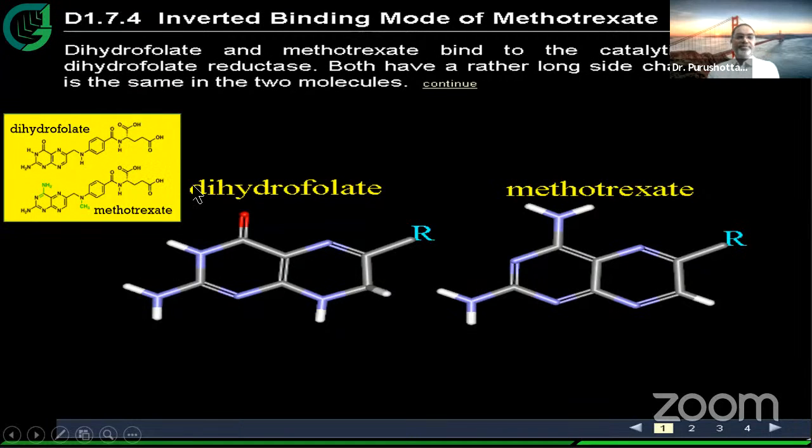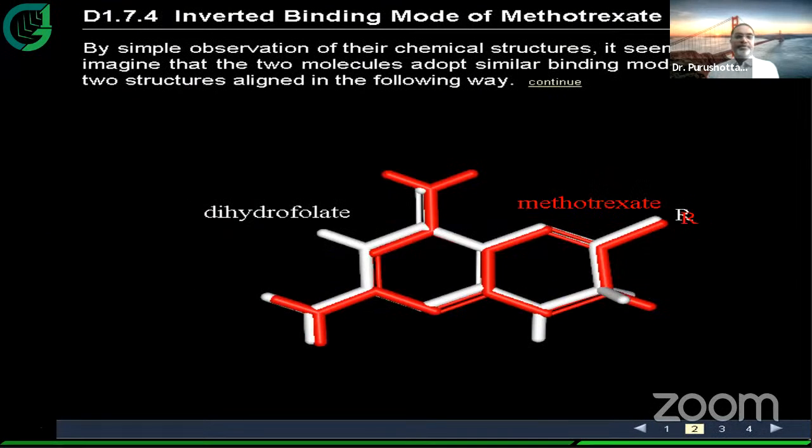That is the same in both the molecules, but their binding modes are totally different. By simple observation of their chemical structure, it seems logical to imagine that the two molecules adopt similar binding modes, with the two structures aligned in the following way, as I showed you with the complete structures on the earlier slide.